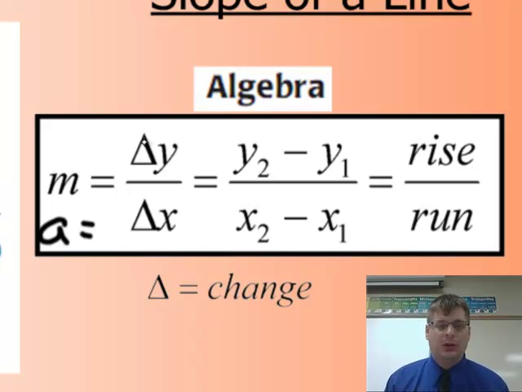Anyway, we represent that as delta y over delta x, where delta, maybe you can recall this from a science course, means change, how something changes. So it's the change of y over change of x. And change is represented by subtraction in mathematics.